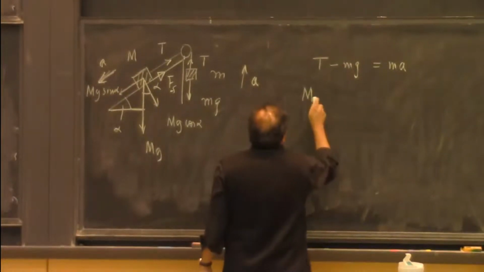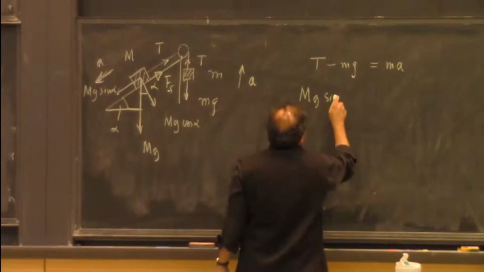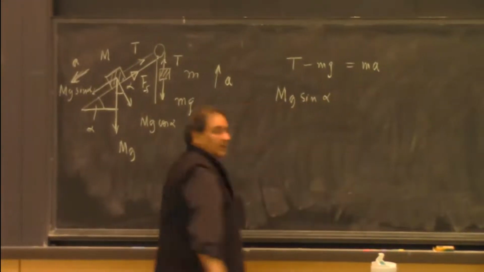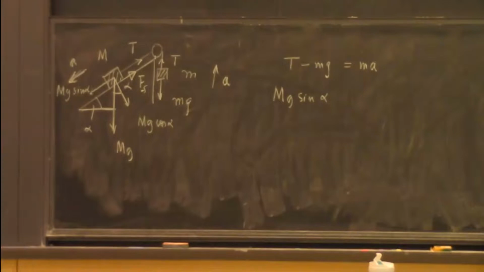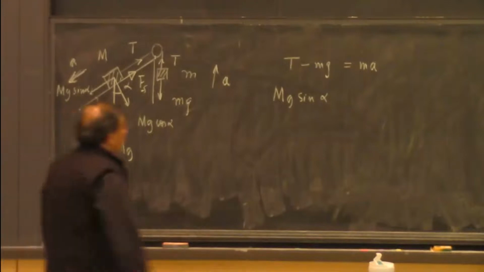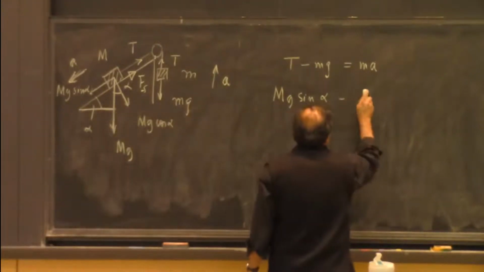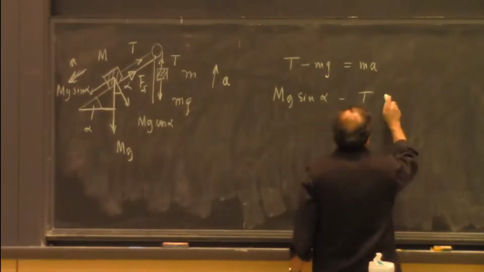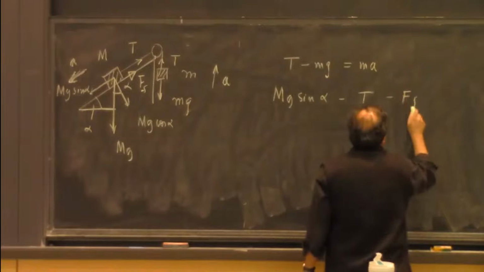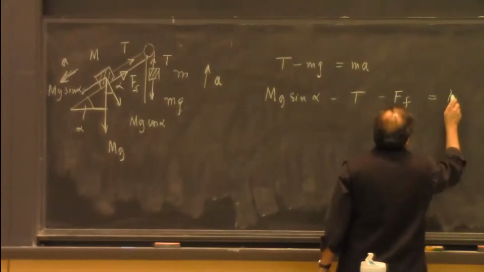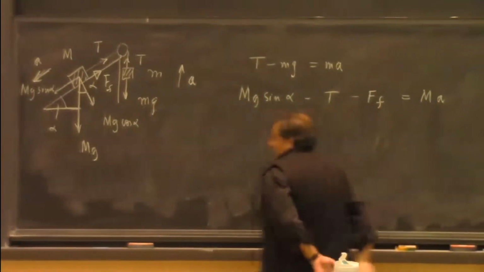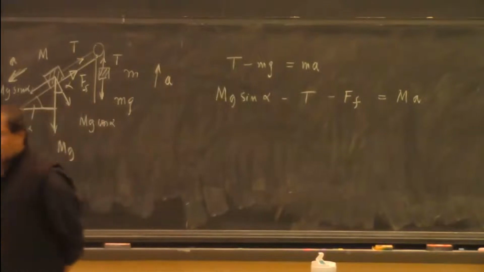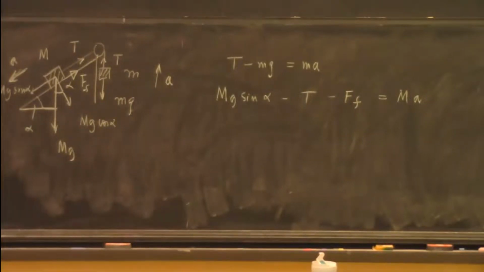I make big Mg sine alpha going downward as my positive force. It will be opposed by tension, so minus T. It will also be opposed by friction, so minus friction, and this will be big M times the same acceleration A, with which the whole thing is sliding down.